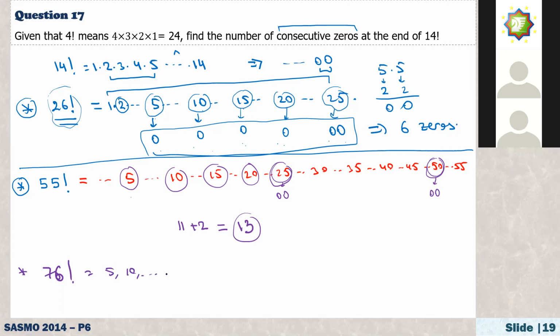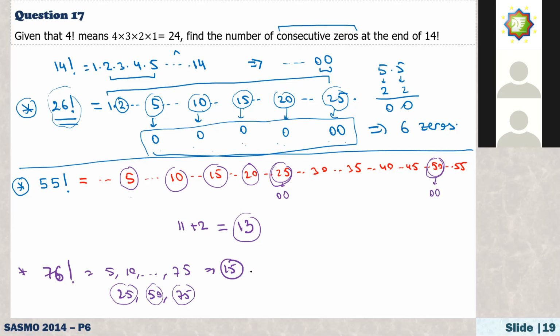5, 10 until 75, right? How many multiples of 5? If you divide by 5, actually it is 15, right? And also among these, how many powers of 5 do we have? Here we have 25 and also 50 and also 75. Actually, each one creates 2 zeros. 4 times 25, 100. 2 times 50, 100. 4 times 75, 300.